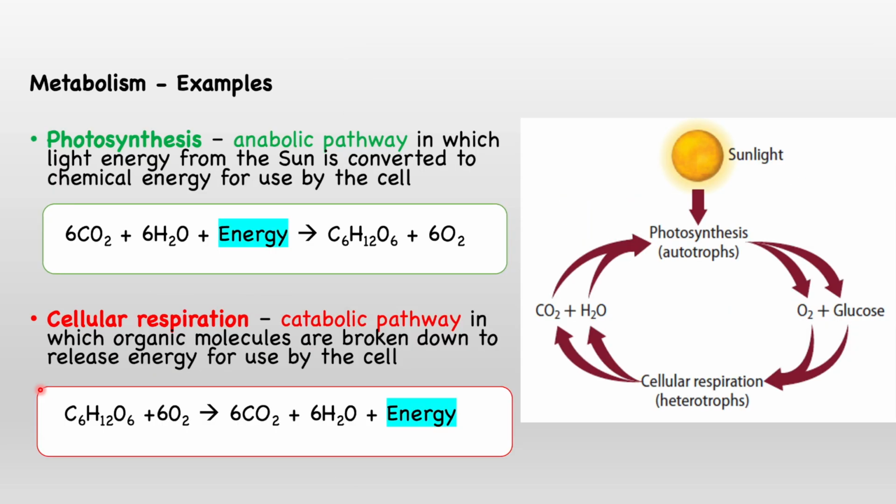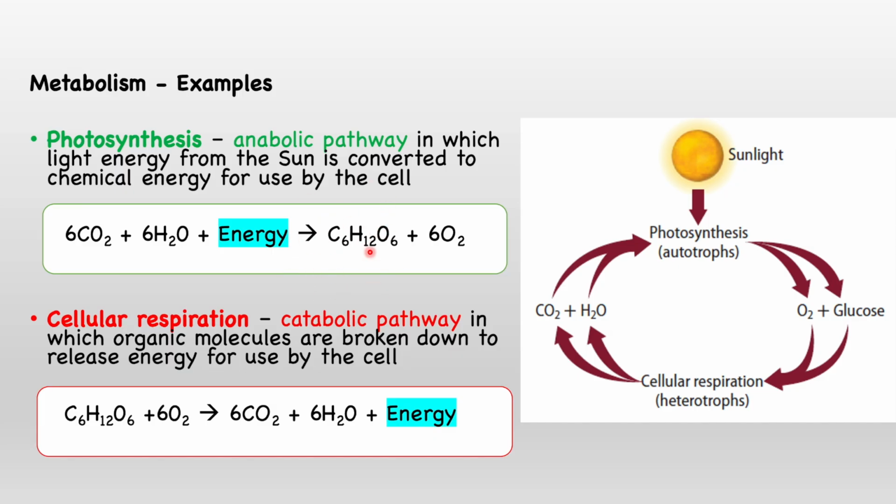Another example, photosynthesis and respiration. As we know, photosynthesis absorbs light energy. So we can consider this an anabolic pathway, in which the light energy from the sun is converted to chemical energy to be used by the cell to make glucose, to build large molecules.